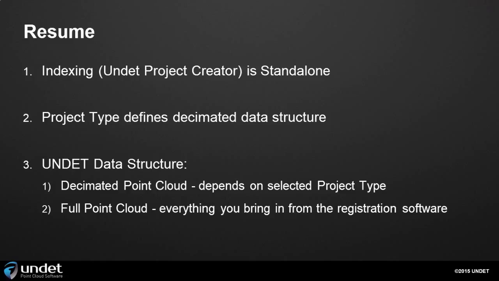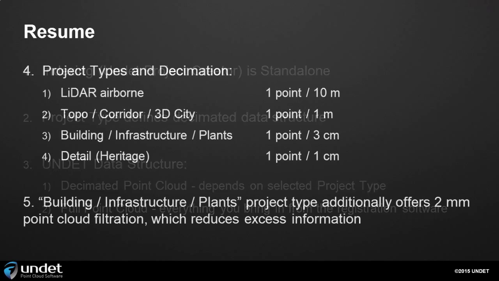We learned also that project type defines the decimated data structure, and in general the data structure consists of two data types. One is the decimated point cloud, that depends on the selected project type, and the other data type is the full point cloud, which is everything you bring in from the registration software.